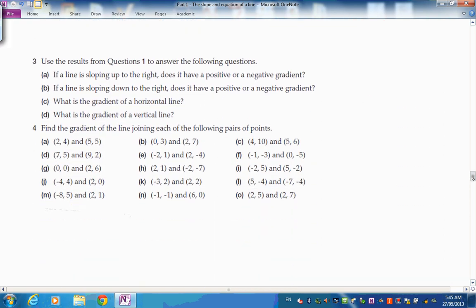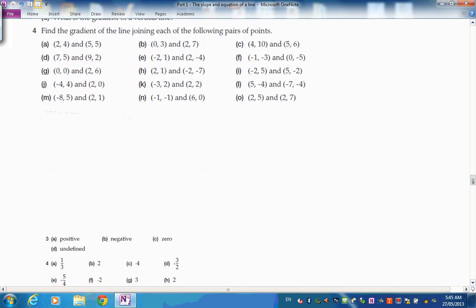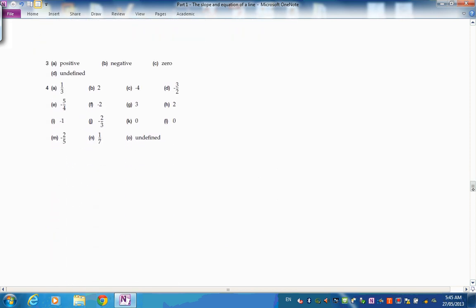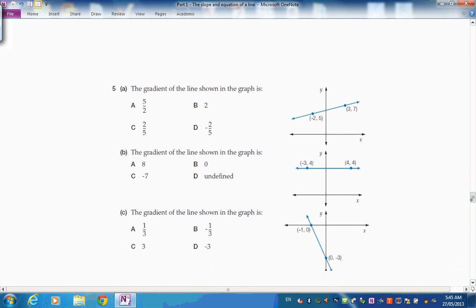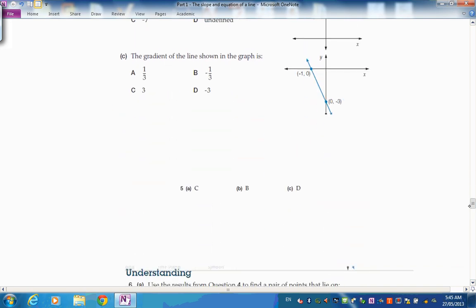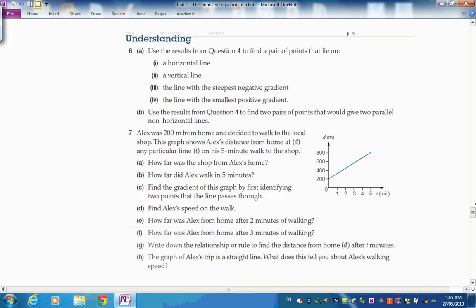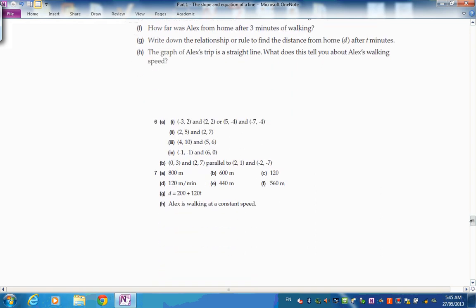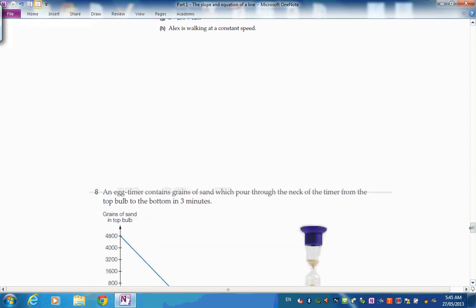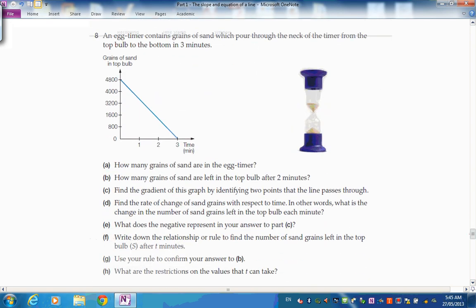Now I've got Pearson's textbook problems here all sorted out, so I'll just run through them and then we'll come back. So 3 and 4, and we've got the answers, and then 5, okay, and the answers, and then getting into the harder questions, and more in-depth understanding needed here for 6 and 7. There are our answers, and then 8. Interesting problem there, 8.